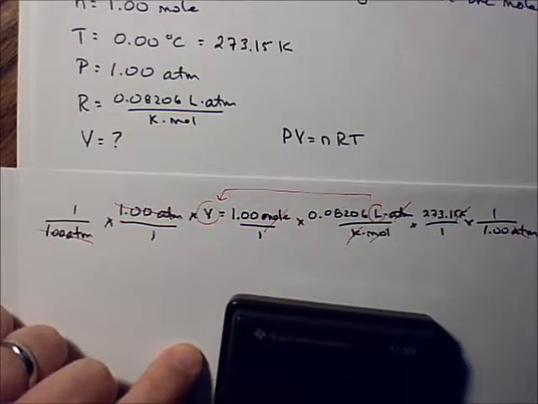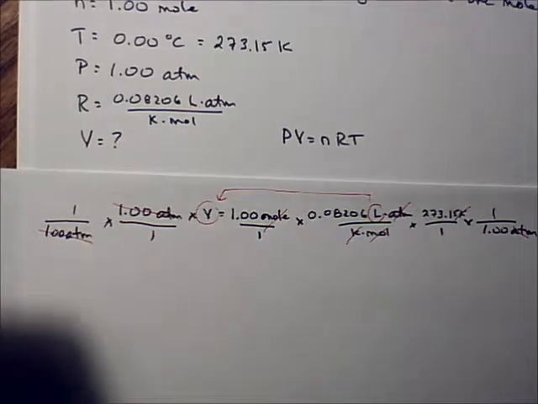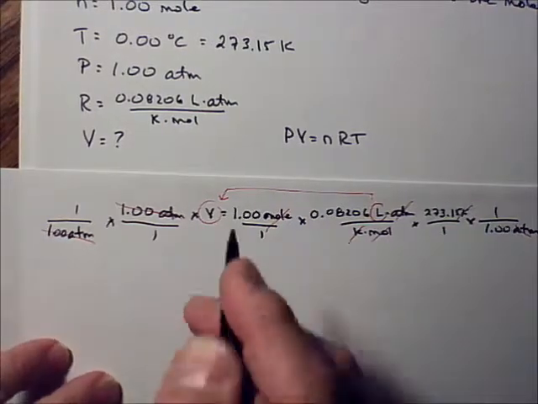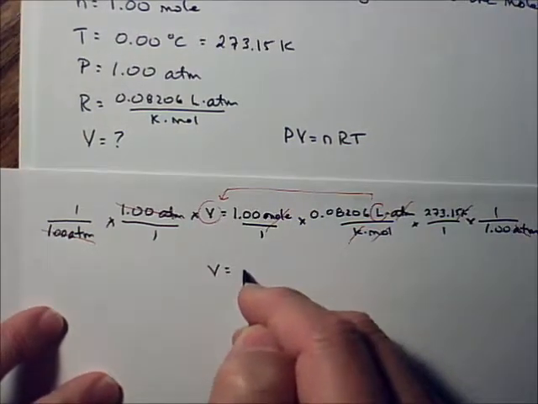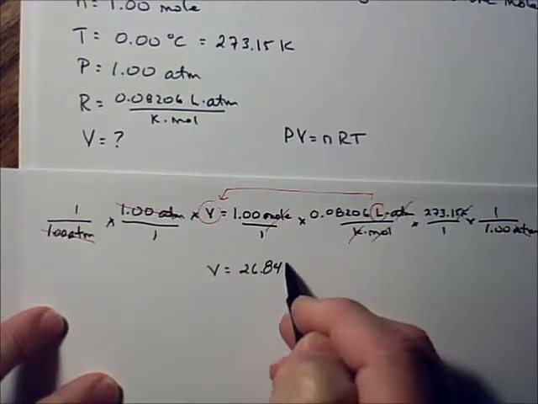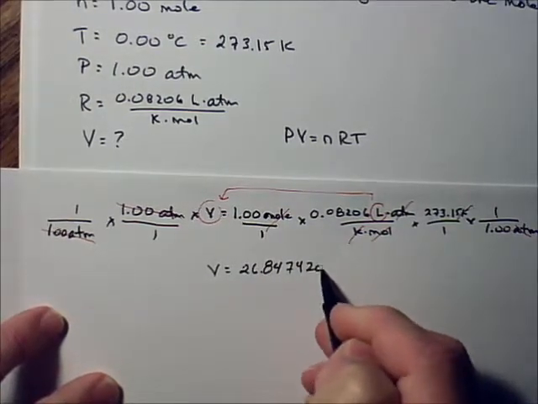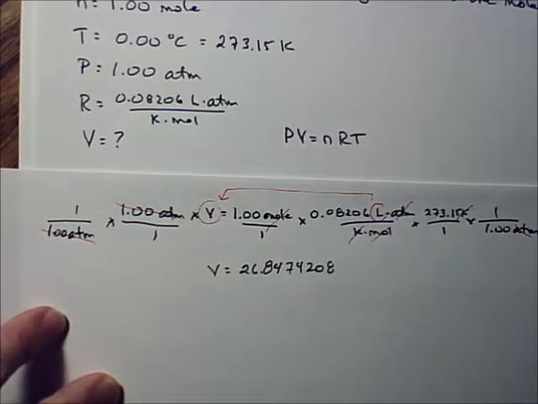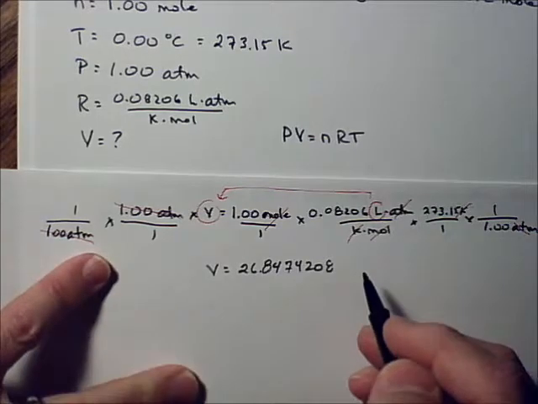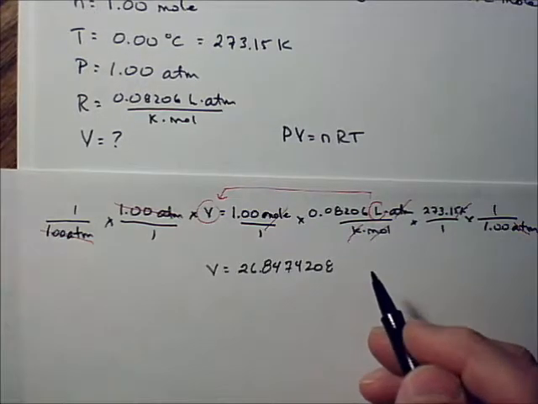I like this problem. Uh-oh, this calculator's battery's dead, I guess. Oh, you got it already? So V equals what? 26? Does anybody else plug it in their calculator? Nope. What? You got a different answer?